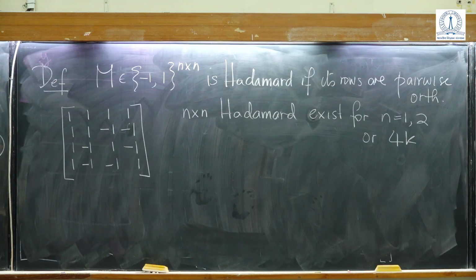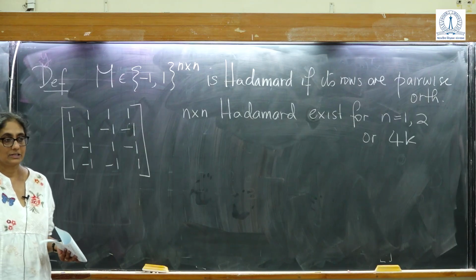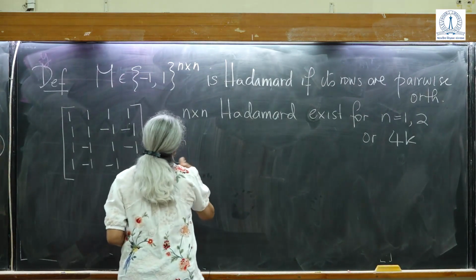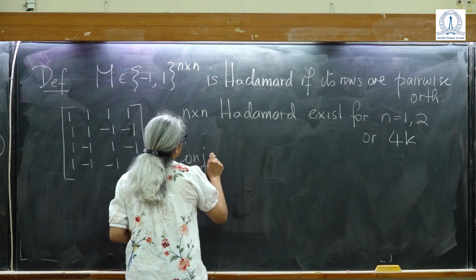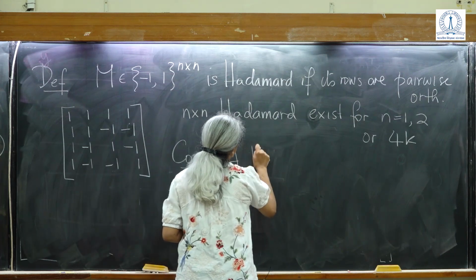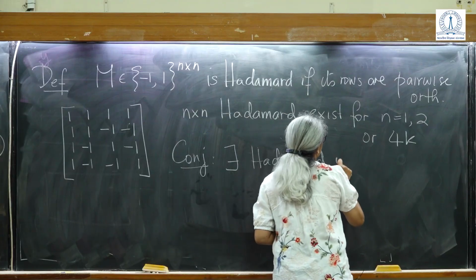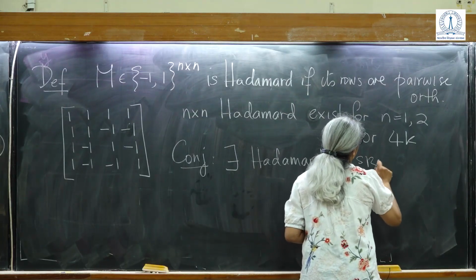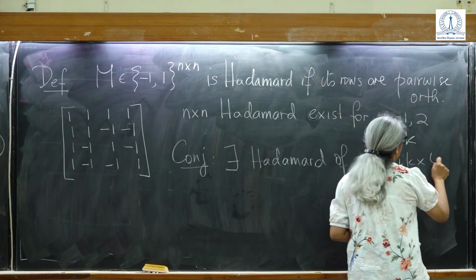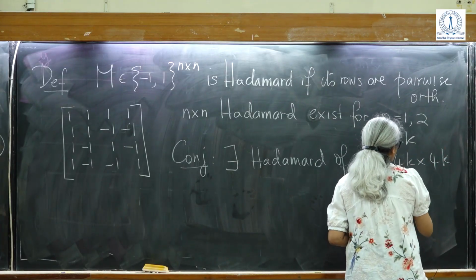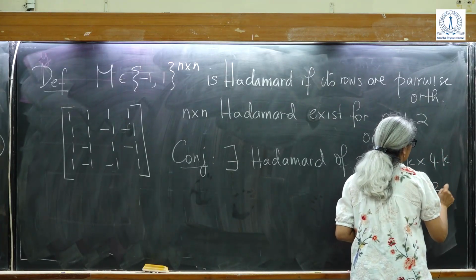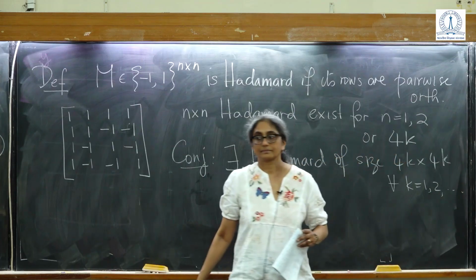And the Hadamard conjecture is that it exists for every 4k. The conjecture, which has been open for 100 years, is that there exists a Hadamard matrix of size 4k by 4k for every k from 1 onwards.